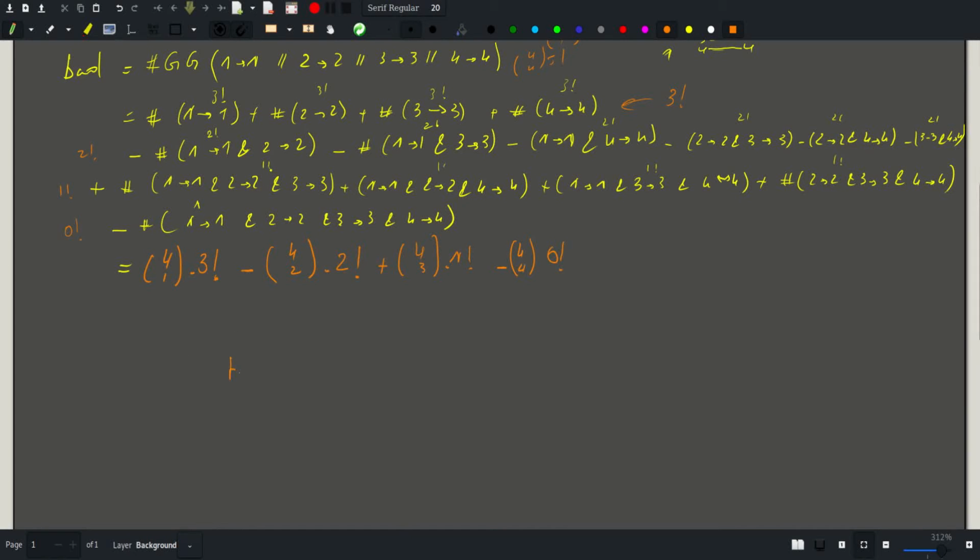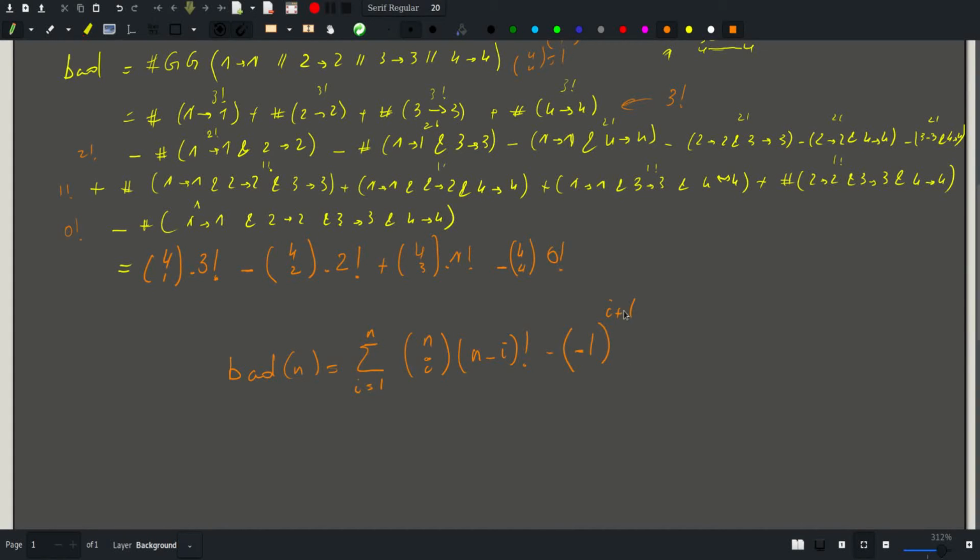And in general, we can write that bad of n will be equal to sigma from i equals 1 up to n of n choose i times n minus i factorial times negative 1 raised to the i plus 1.